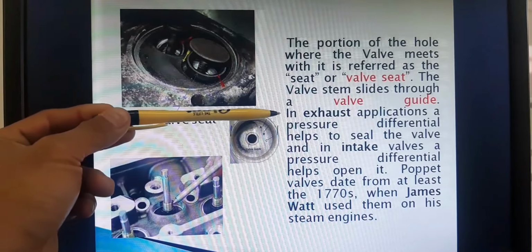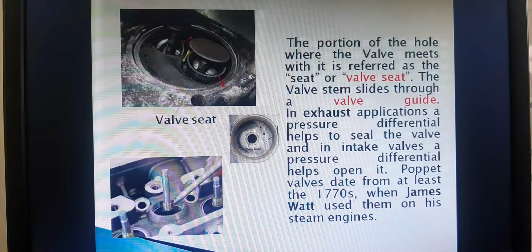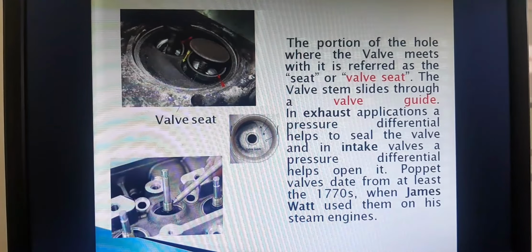Okay. In exhaust applications, a pressure differential helps to seal the valve. Because during exhaust there is an expansion of gas, so that pressure helps the valve to seal the combustion chamber.